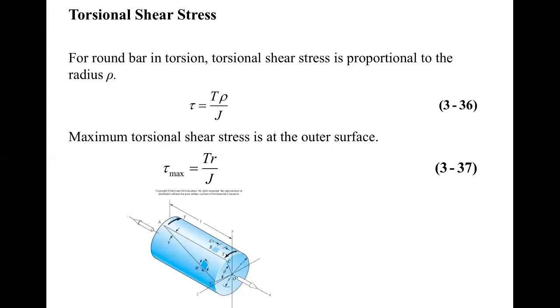So under combined loading, you just calculate the stress individually, and then just add up together. So this is how we handle combined loading. You just calculate them separately, and then add up together. That is your final stresses.